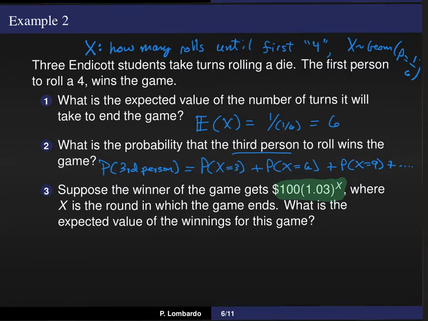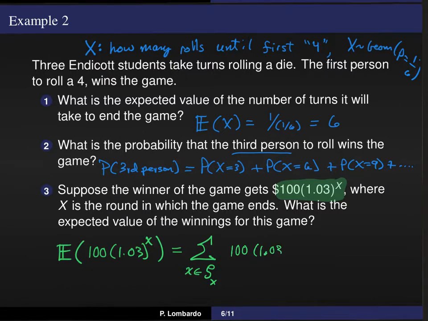So what we're setting up here is an expected value computation, but we're not considering the expected value of x. We're considering the expected value of 100 times 1.03 raised to the x power. By definition, this is going to be a summation of our x values over the space of x, where we'll take our function of x and multiply it by our PMF value.